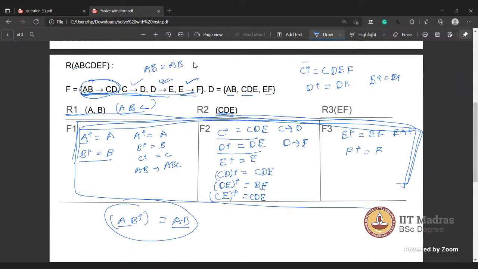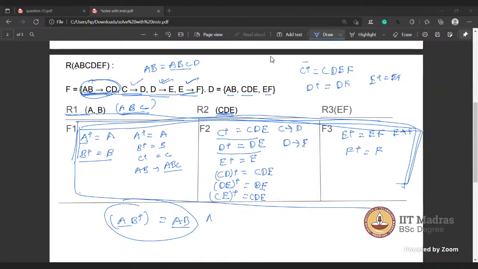A, B, C, D. But only A, B, C are present, so we'll get A, B, C. Then we can say that if A, B, C, then the dependency will be preserved. Yes. So from ABC we can go to D, from D to E, and E to F. So all are present. Yeah, all are present. Thank you, sir.